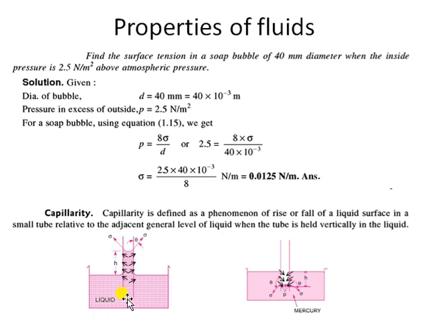This is an example of rise of liquid in a tube, and this is an example of fall of liquid in a tube. This is the general level of the liquid in the container. And when you insert a very small tube in this fluid tank, the fluid will rise in the tube.